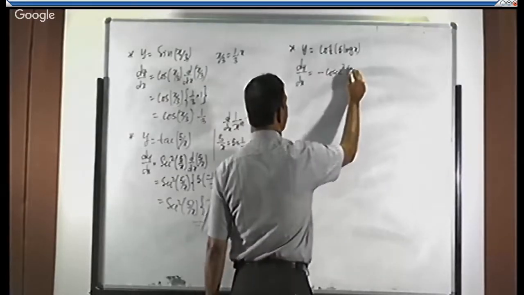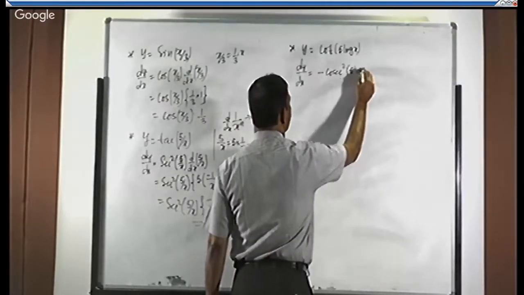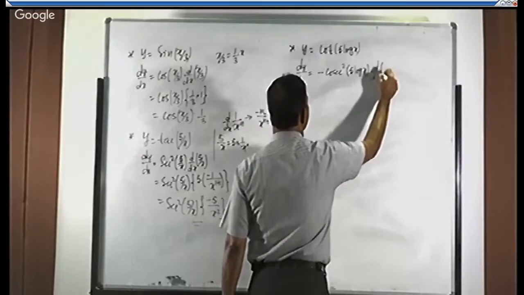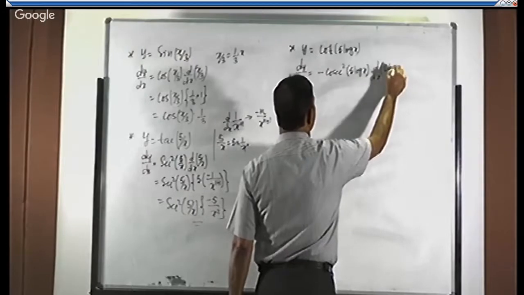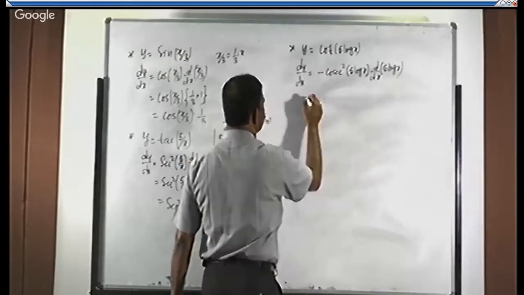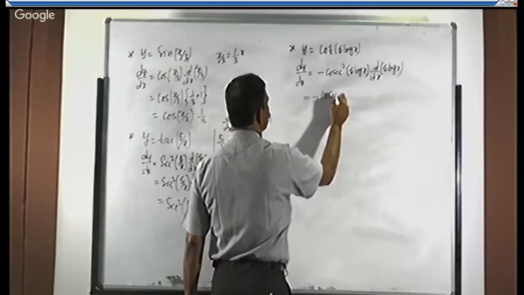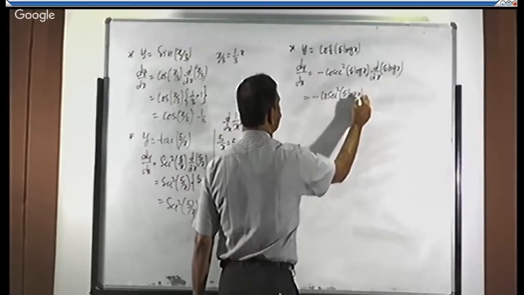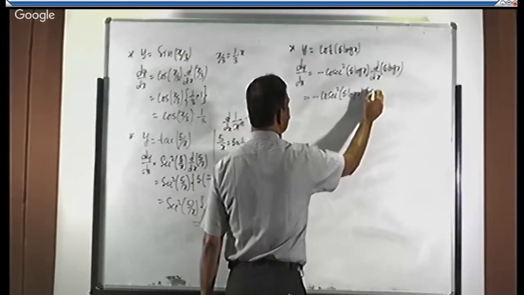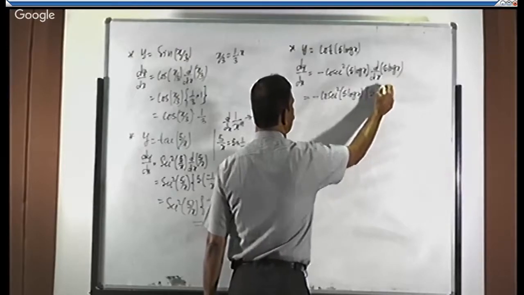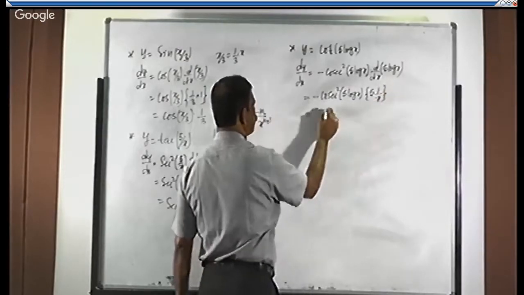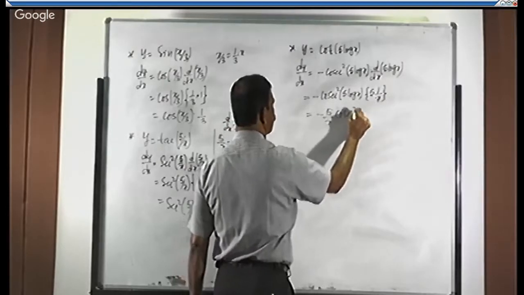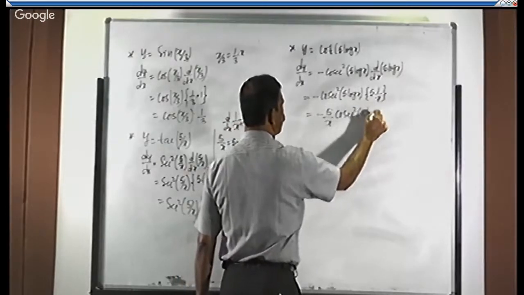Write that function 5 log x into d by dx of function. That is equal to minus cosecant square of 5 log x into differentiation of 5 log x, 5 into log x differentiation 1 by x. It is minus 5 by x into cosecant square of 5 log x.